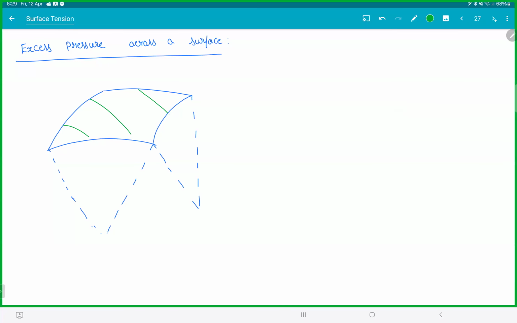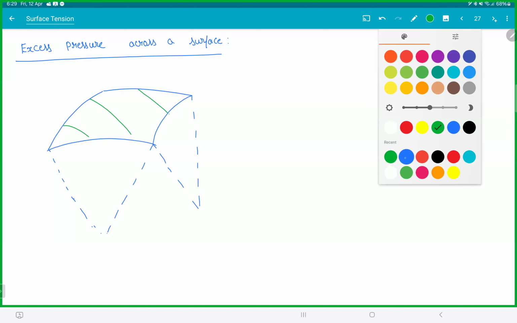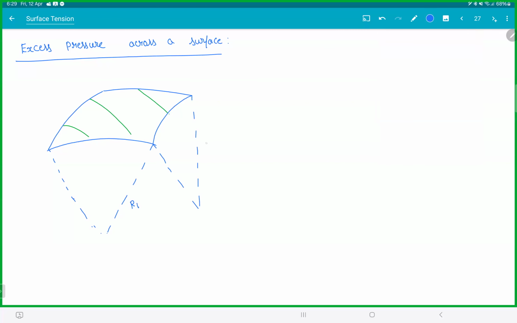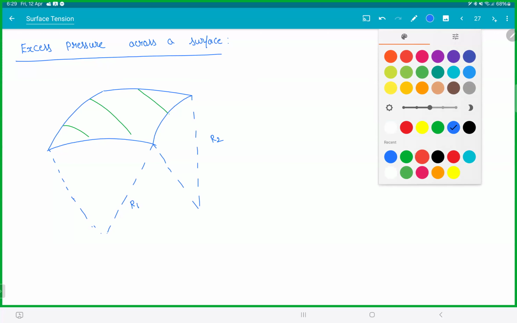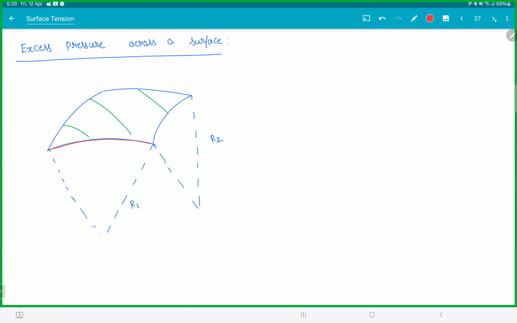So we have a soap film like this, which is curvy, where this radius of curvature is R1 and this radius of curvature is R2. So you have two different radii of curvature. So we are trying to find, this is inside, P concave, and the outside is P convex. So we want to find the difference in pressure between these two surfaces, outside and inside. So how to do this?